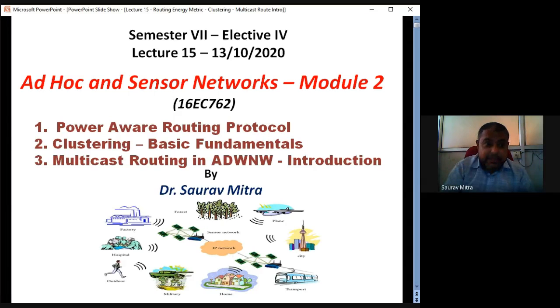So first topic today is the power aware routing protocol. How can we save some power inside that node or inside that battery by a properly planned routing protocol? The routing protocol has to be in such a way that there is no unnecessary transmission of power, unnecessary reception of power, or too much control packet transfer. I told you there are mainly 2 kinds of packets: RTS, CTS, acknowledgement, all those things are actually control packets.